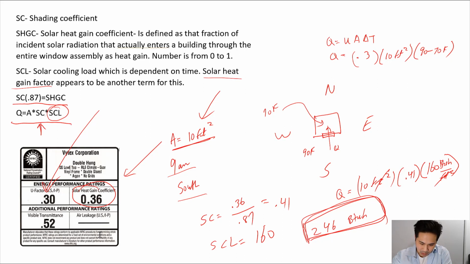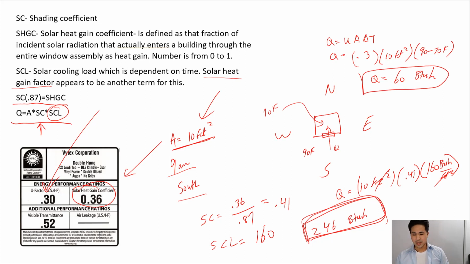Okay, so we will end up with a Q of 0.3 times 10 times 20, which is 60 BTUs per hour.